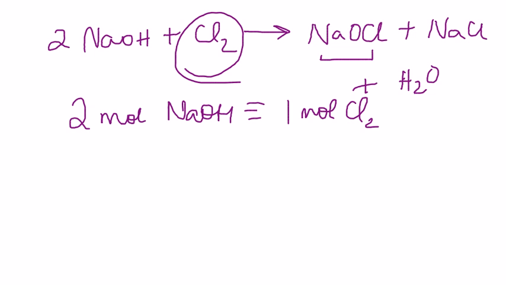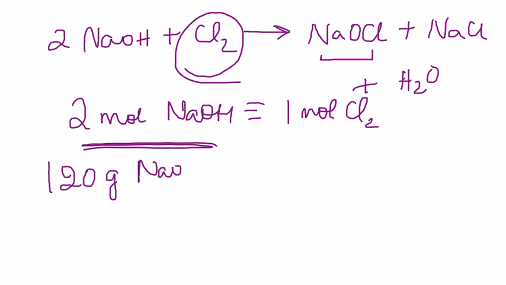And so if you can figure out the grams of sodium hydroxide and relate that to the number of moles, let's put a number to this. Suppose the question is that you're given 120 grams of sodium hydroxide. How many grams of Cl2 would you require for the reaction to take place?